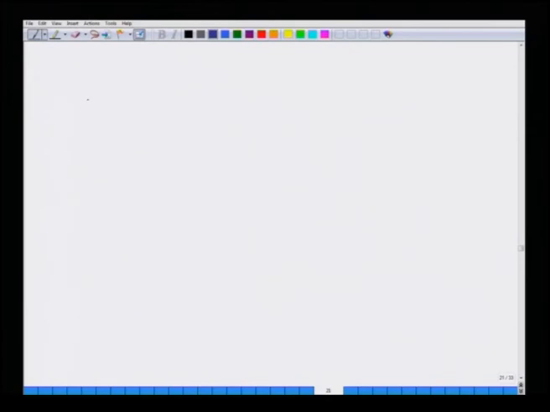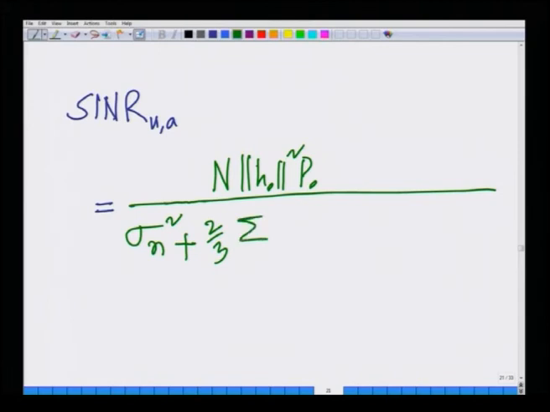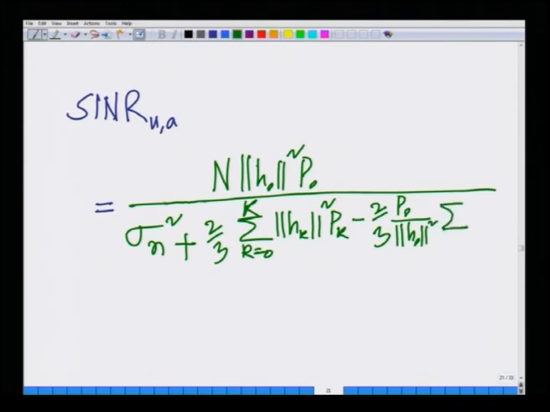So, the SINR of the uplink, asynchronous, is given as n times norm h square p naught divided by sigma n squared plus 2 by 3 summation k equals 0 to capital K norm h k square p k minus 2 over 3 p naught by norm h naught square summation d equals 0 to L minus 1 magnitude h naught d to the power of 4.